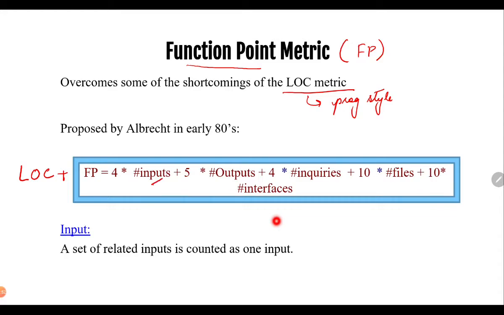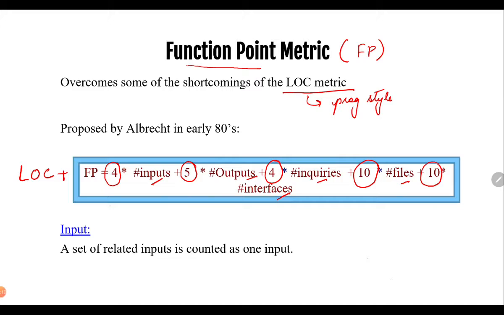It includes inputs, outputs, inquiries, files, and interfaces. These parameters will be multiplied using integer values, which are a part of the formula.